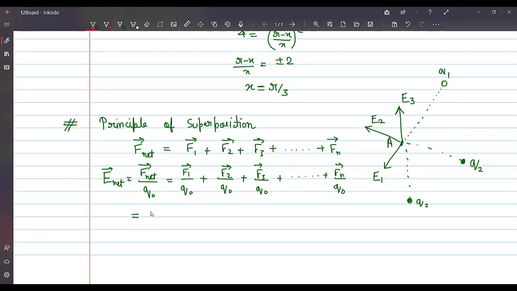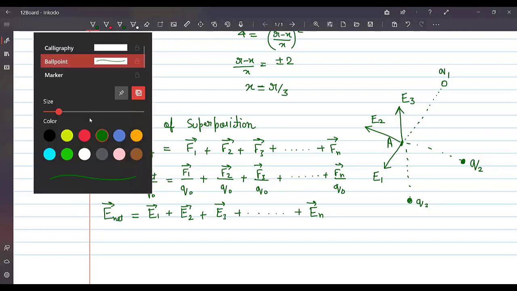And this gives you F1 by Q naught is electric field due to first charge. F2 by Q naught is electric field due to the second charge. And F3 by Q naught is electric field due to third charge. Likewise, up to the electric field due to the nth charge. So we simply came to this conclusion that net electric field is just the vector sum of the individual electric fields.